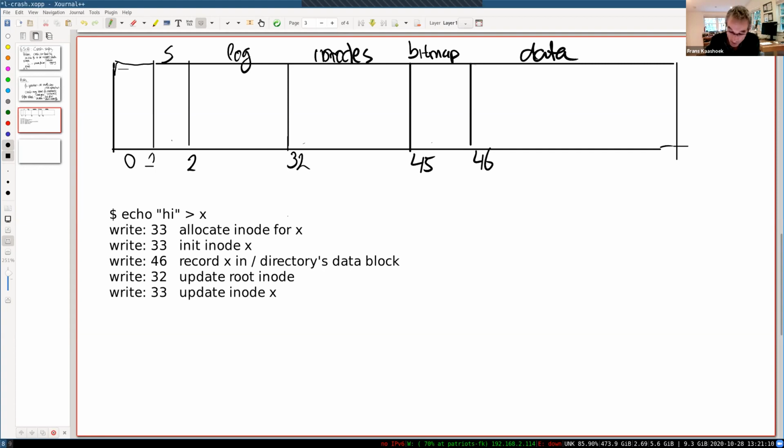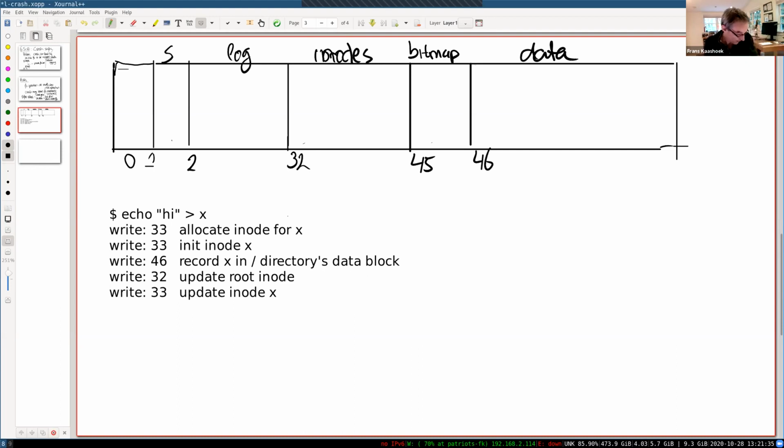Then block 46 is written, presumably because the directory block that contains X and the inode number for X is written to disk. Then the root inode is updated to reflect that the directory has grown in size to contain this file X.